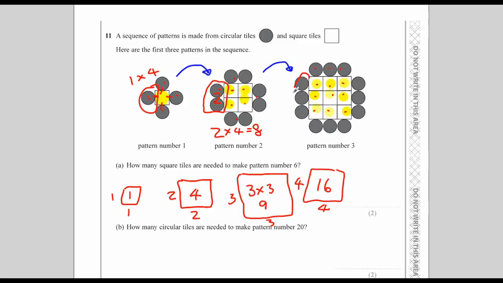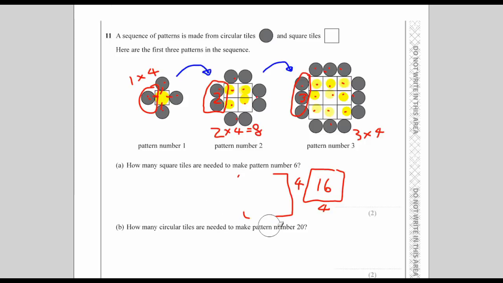Here, 3, and it's 1, 2, 3, 4 again. So 3 times 4. Now, if we put all of this together, what we'll actually be able to do is get a formula. Okay? But let's see what the question's asking us.